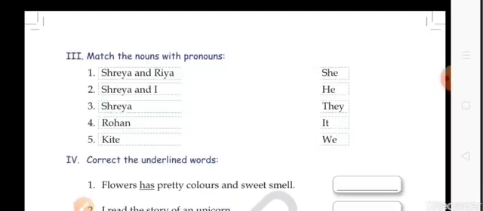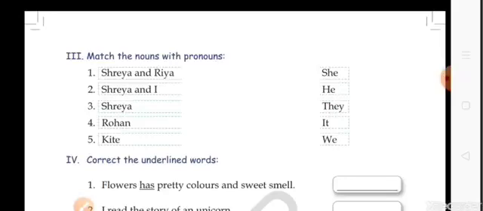Now, in first number, you can see Shreya and Riya. Both are nouns. Shreya and I: here Shreya is a noun and I is a pronoun. Third, Shreya is a noun. Fourth, Rohan is a noun. And fifth, Kite is a noun.